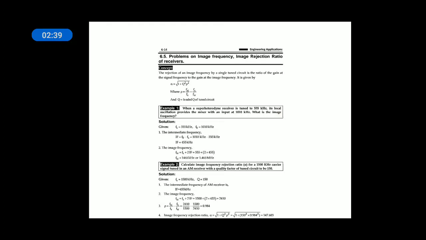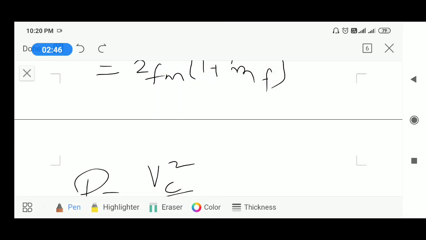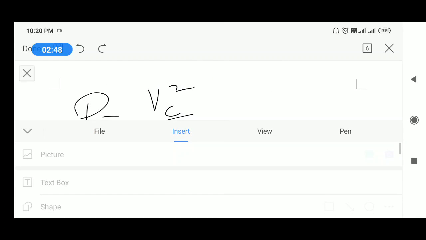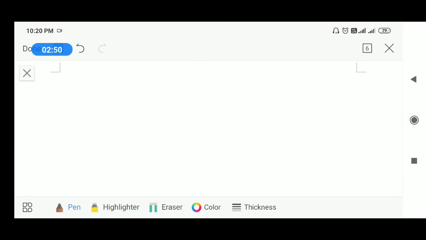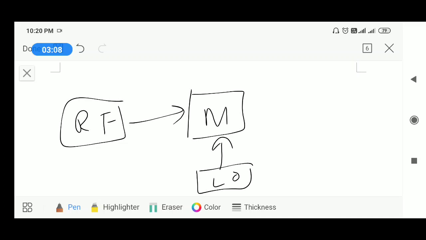In radio receivers, when you apply a superheterodyne receiver, I'll take a blank page and explain. There is an RF amplifier, a mixer, and a local oscillator, and the output of the mixer is given to the IF amplifier.